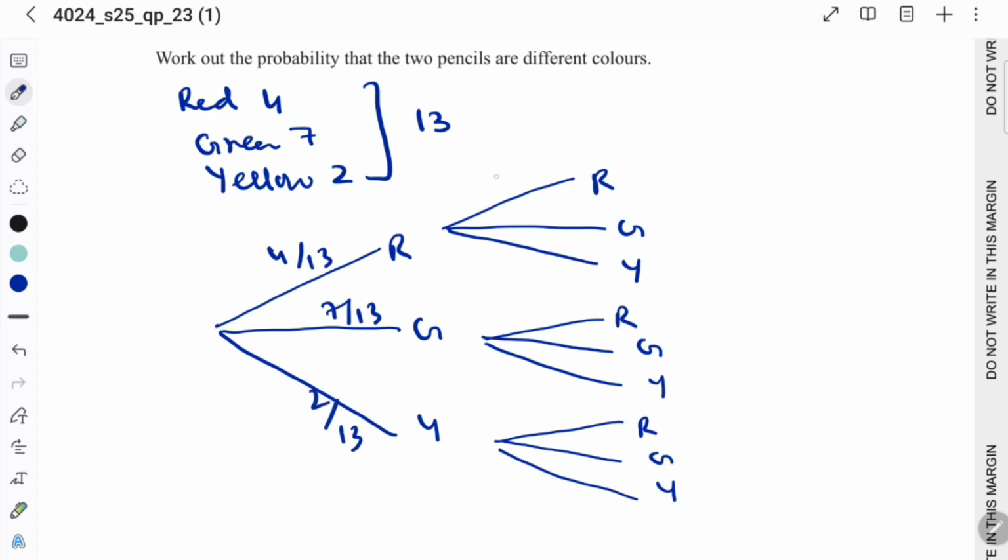If the first is red, then it will be 3 over 12, 7 over 12, and 2 over 12. Now I have to reduce from green: 6 over 12, and the others remain the same. Now I have to take out from yellow: 1 over 12, then 4 over 12, and 7 over 12.